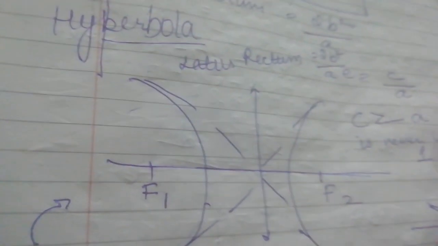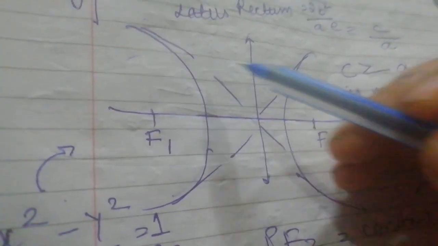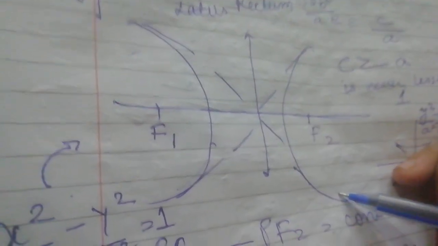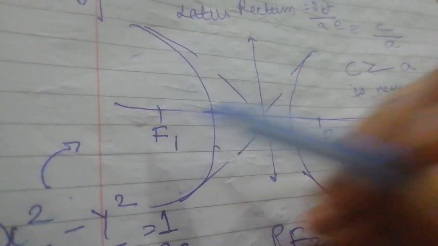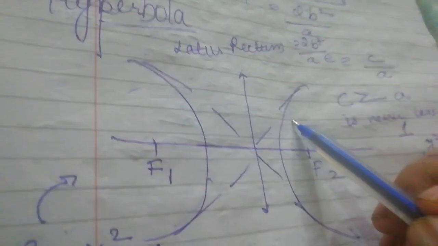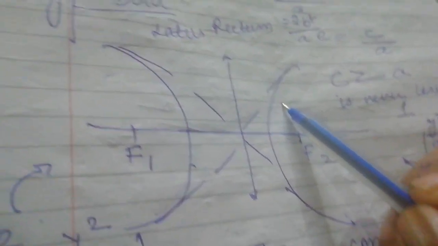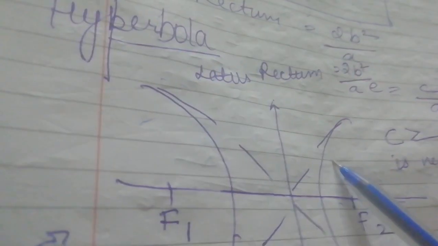Let's talk about the hyperbola, which is today's last topic. So this is the hyperbola. It might look like two different parabolas opposite to each other, but they are actually connected and related.